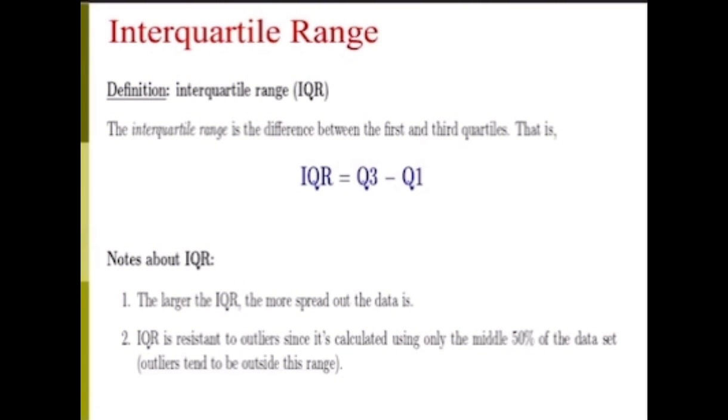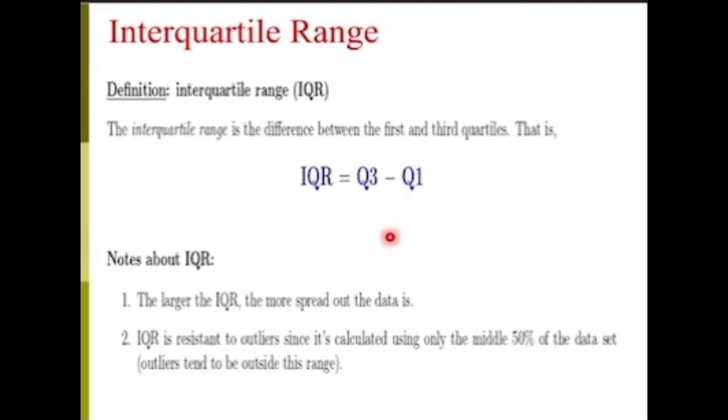Then what are we going to do? What is a robust way of measuring spread when an outlier is present? Then we're going to use IQR. Interquartile range is going to be used. And how am I going to get IQR? I'm going to subtract the lower quartile from the upper quartile. The IQR shows the range in which the middle 50% of the data falls, and therefore that makes it resistant to outliers.